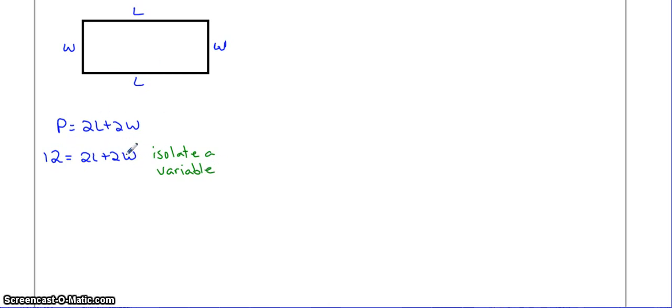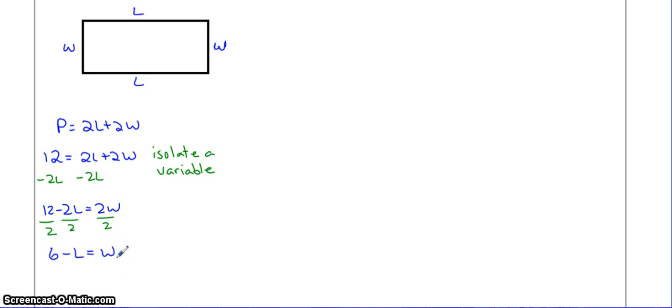Let's isolate the width. The first thing you have to do is subtract 2 times the length from both sides, and you get 12 minus 2L equals 2W. Then the next thing you have to do is divide everything by 2 to get the W by itself. That gives you 6 minus L equals W.